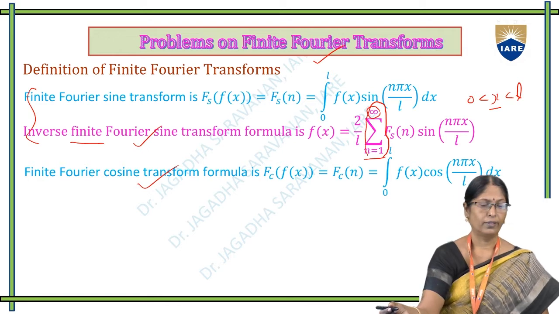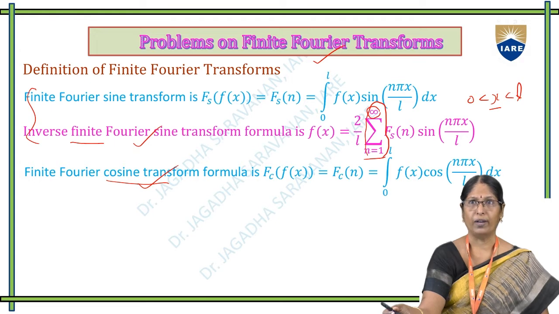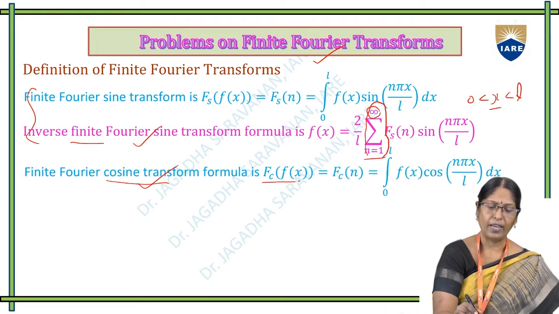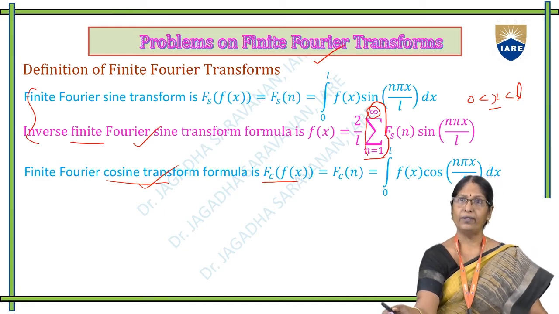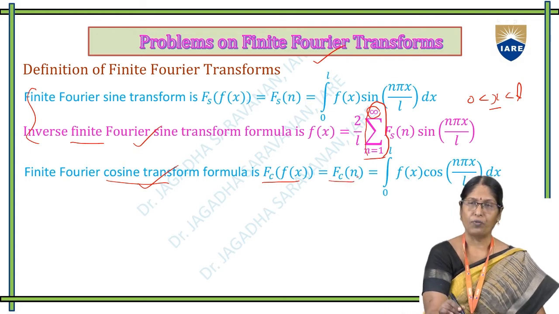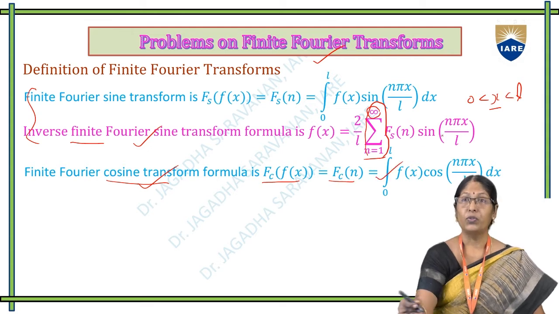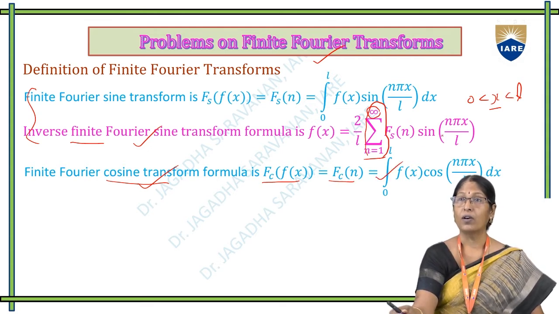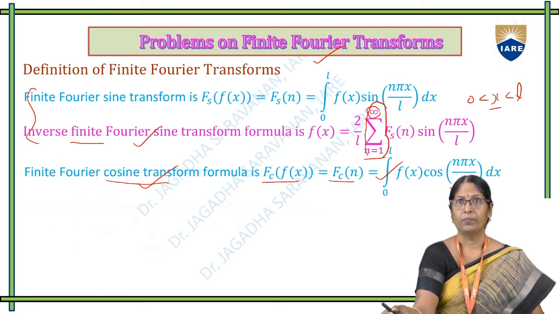The next one is the finite Fourier cosine transform formula. That is, capital Fc of f of x. We can read this as Fourier cosine transform of the function f of x, which is equal to Fc of n. It's nothing but integral 0 to L f of x cos of n pi x by L dx.